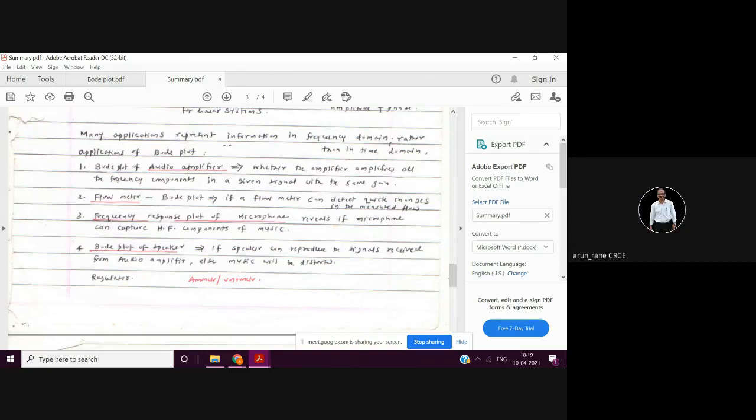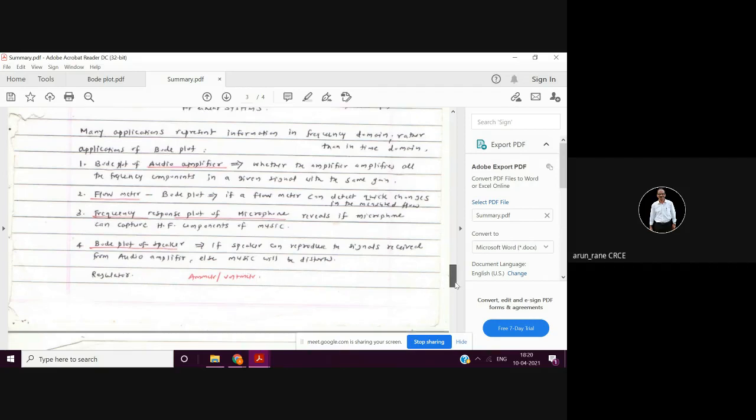For a flow meter, the Bode plot is useful to see if the flow meter can detect quick changes in the measured flow. The frequency response plot of a microphone reveals if the microphone can capture high frequency. Then the Bode plot of a speaker shows if the speaker can reproduce the signals received from the audio amplifier. Otherwise the music will be distorted.